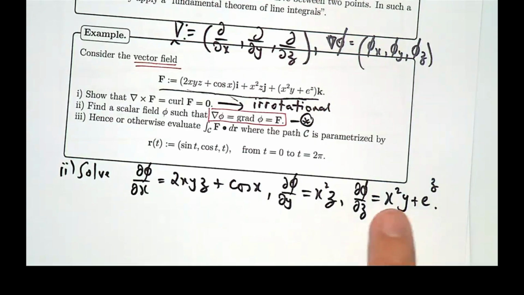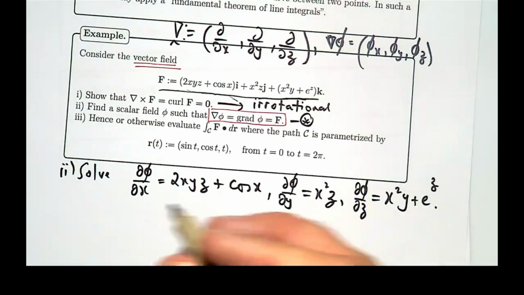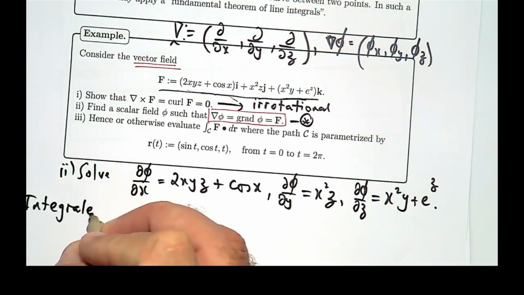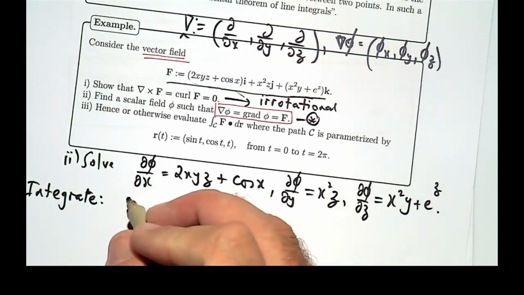And what about this? Well, this will become x squared yz, this will become e to the z, and then something else. So let's do that and see what happens. I'm going to integrate separately the first one with respect to x, the second one with respect to y, and the third one with respect to z.